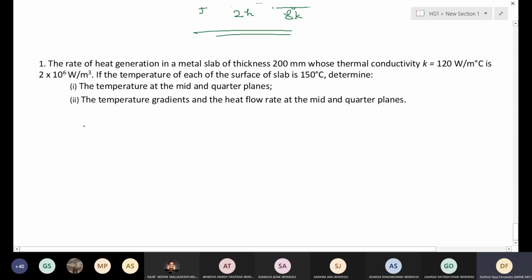So we have the thickness L given as 0.2 meter, thermal conductivity K as 120 watt per meter degrees centigrade, Q generation as 2 into 10 to the power 6 watt per meter cube, and T wall as 150 degrees centigrade. Okay, so the temperature profile.